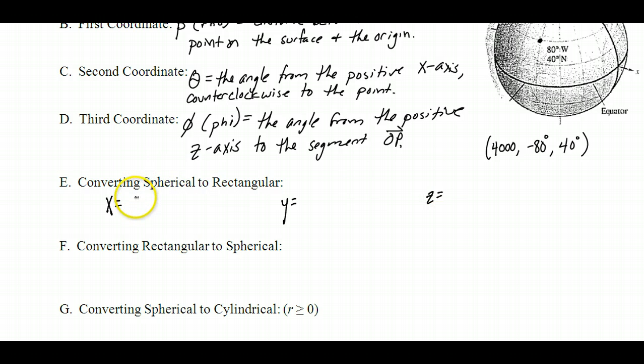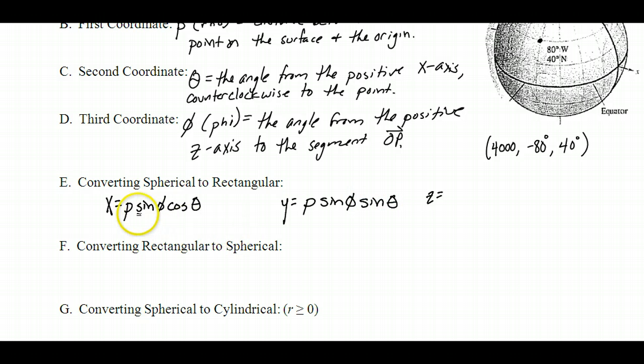These are definitely harder than when we went to cylindrical. The equation for x is rho times sine phi times cosine theta, which is really ugly, and it really just comes down to memorization. Our y is very similar: it's rho times sine phi times sine theta.